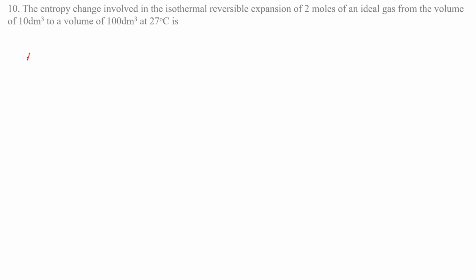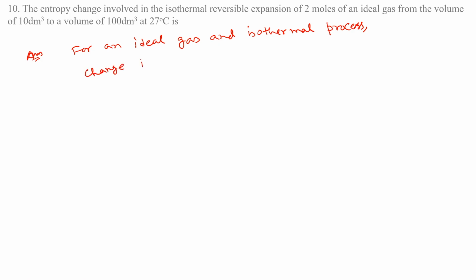So, for an ideal gas and isothermal process, change in entropy delta S is nR ln V2 by V1.